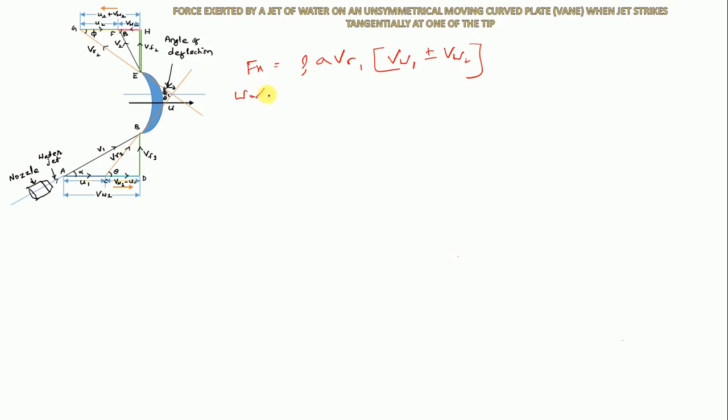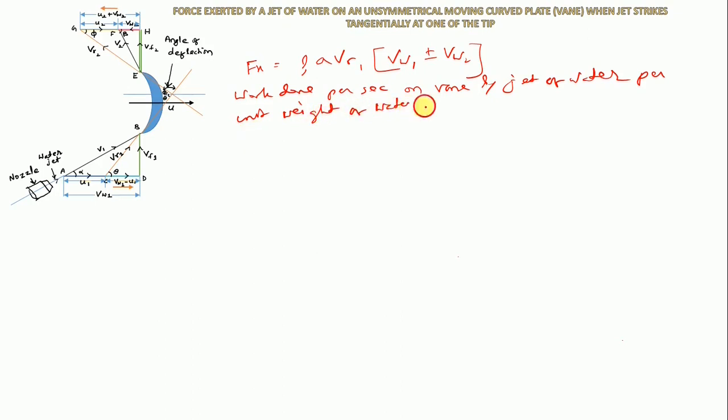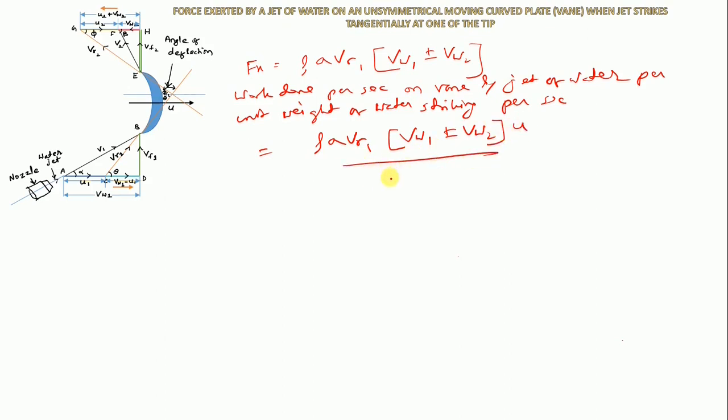Next is work done per second on the vane by the jet of water per unit weight of water striking per second is equal to rho a Vr1 into Vw1 plus minus Vw2 into u divided by rho a Vr1 into g.